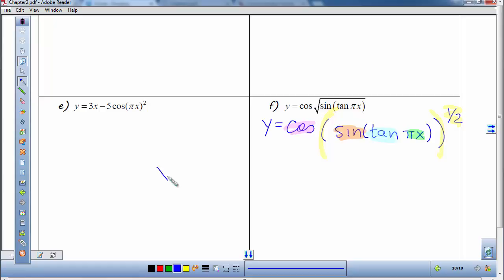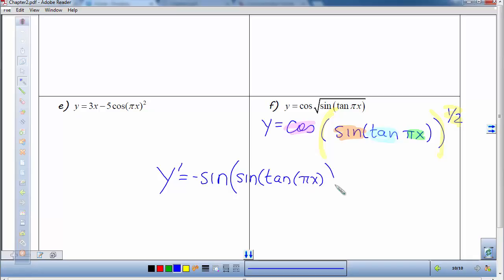So I'm going to start over here. Y prime equals, well, the derivative of cosine is negative sine. And I don't change anything on the inside. Okay. So negative sine of sine tangent pi x to the 1/2.